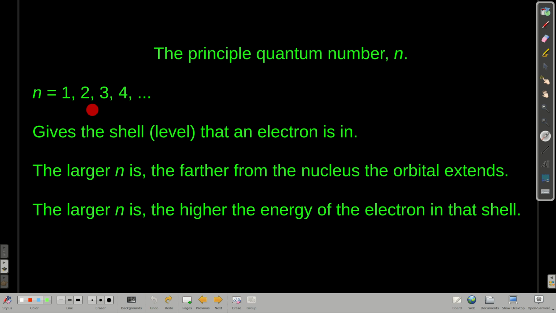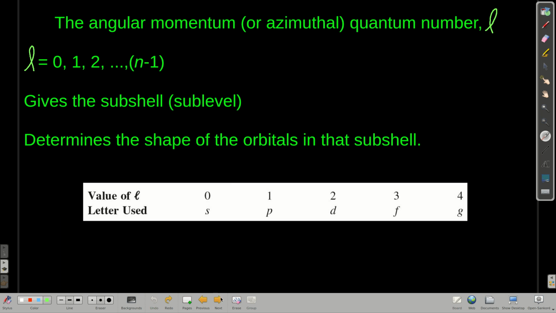Now, this is a hierarchical scheme, which means that in order to know the possible values for the second quantum number, called the angular momentum or azimuthal quantum number, l, we already have to know what value the principal quantum number n has.